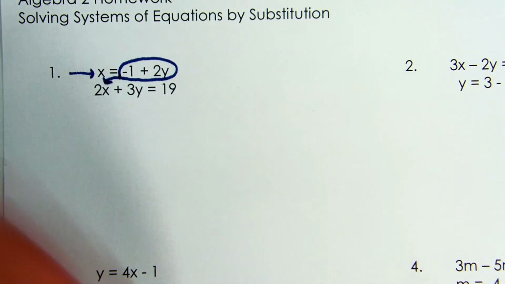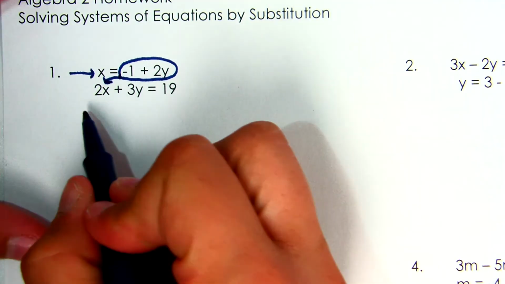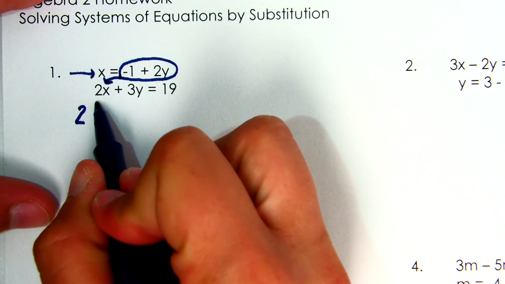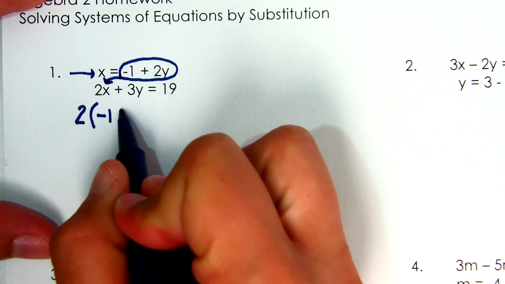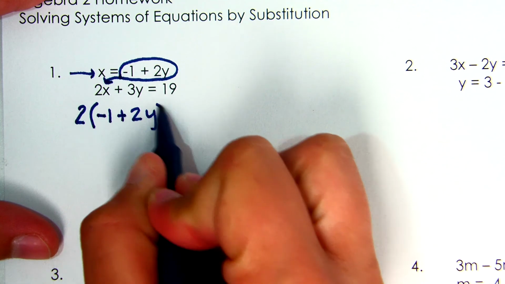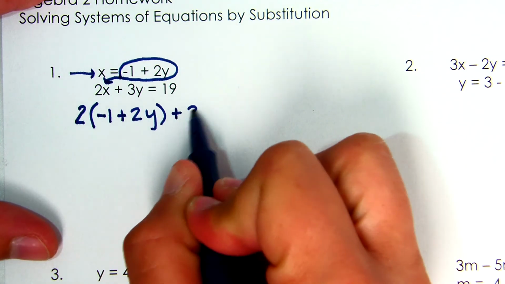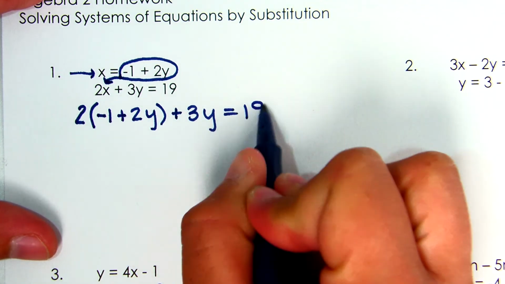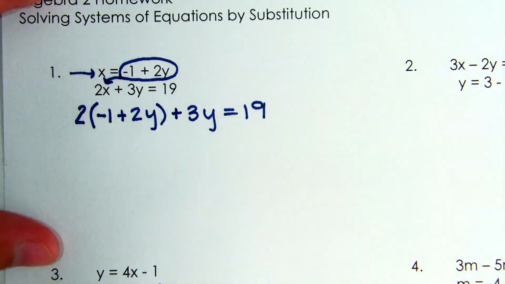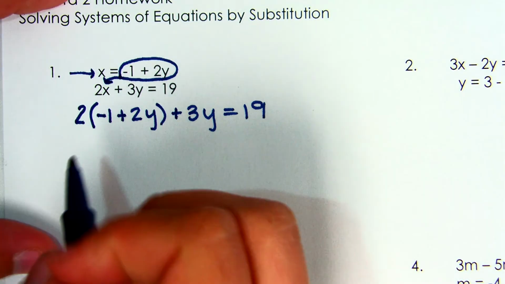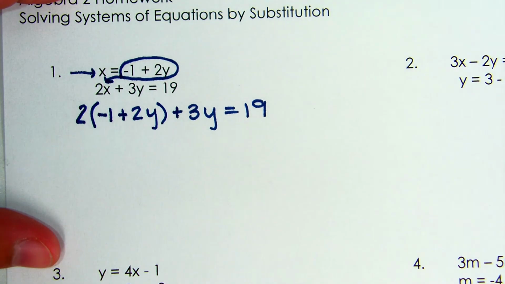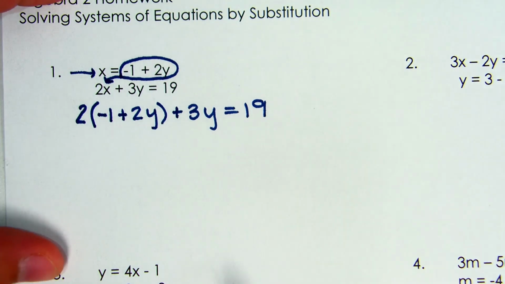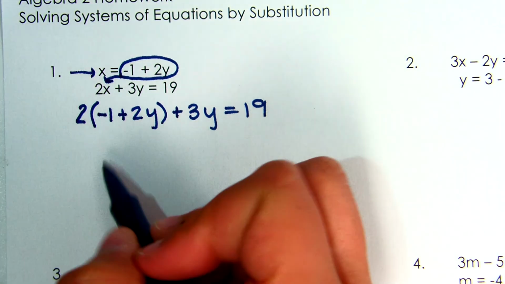So my equation now is 2 times, instead of x, I'm going to put -1 plus 2y, plus 3y equals 19, which is the rest of the second equation. Now I'm going to solve it algebraically, just like a multi-step equation that you've learned in Algebra 1 and again in Algebra 2.